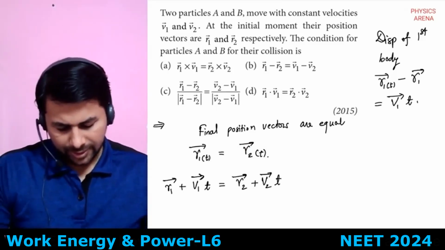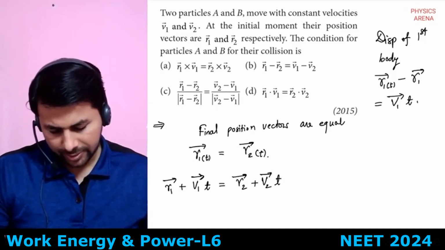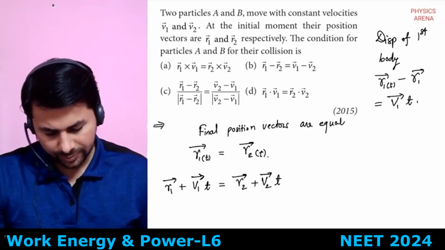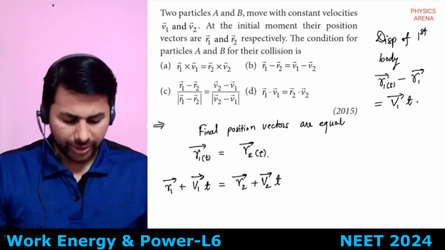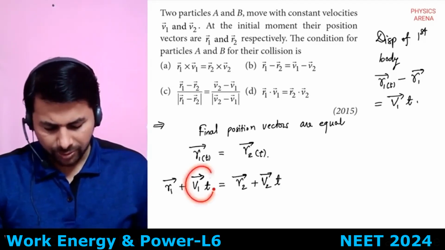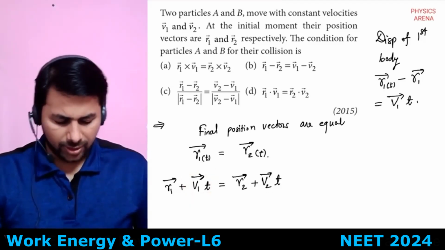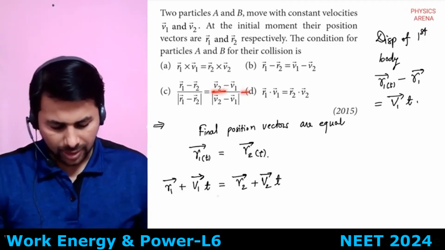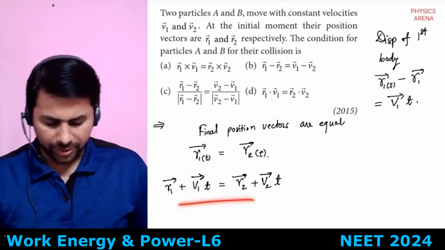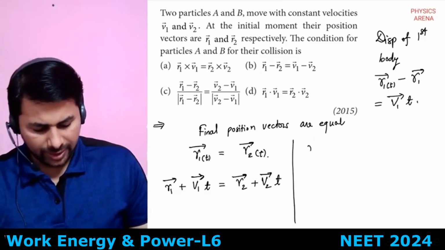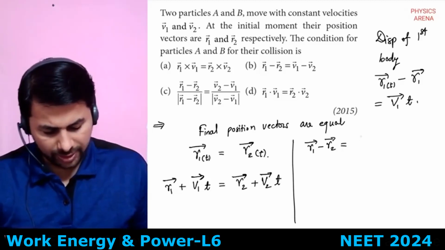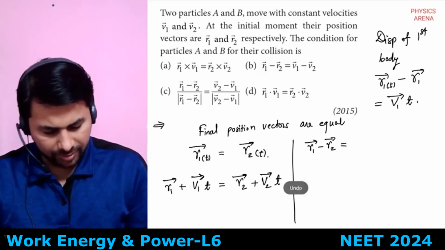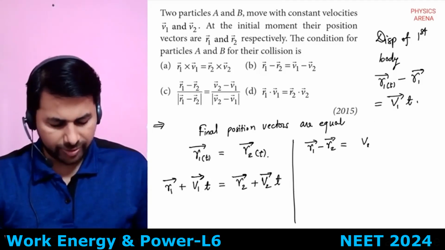Then, looking at the options, you can move v1 to the other side and r2 to this side. What do you get? You get r1 bar minus r2 bar is equal to some time t multiplied by v2 bar minus v1 bar.